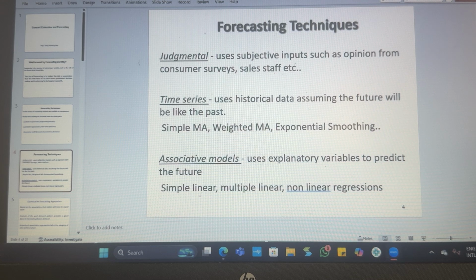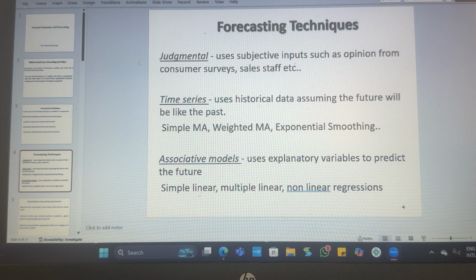And then the time series forecasting model uses historical data, as I told you at the very beginning, assuming the future will be like the past. That means history repeating, in other words.